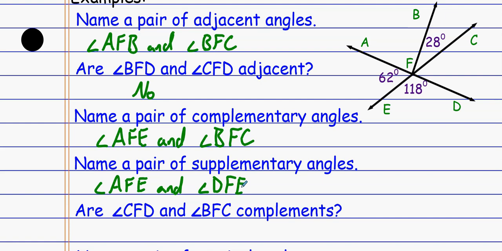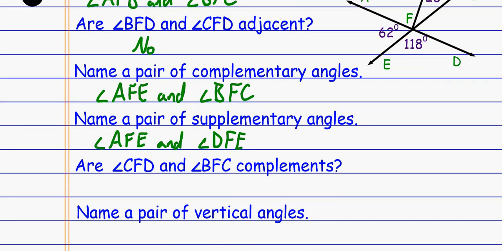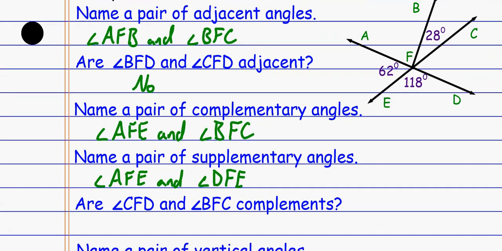Those are supplementary because they add up to 180. Okay? Do I think maybe there are other ones? It looks like AFD might be a line, so maybe I could say AFB and BFD, but I can't say for sure because nothing else is labeled here, okay? Maybe that's a line, but maybe it's not. So I can only go with the information that's given. Don't necessarily trust your eyes on this, okay?